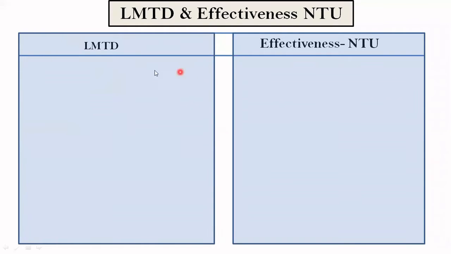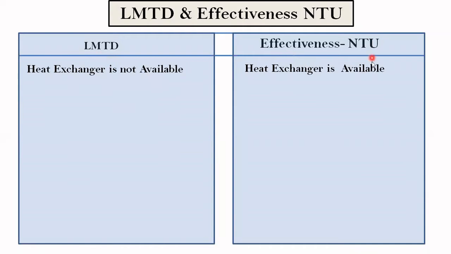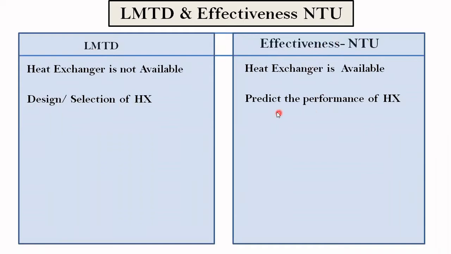Now let's see the differences between LMTD and effectiveness NTU. To summarize, in case of LMTD, the heat exchanger is not available to us, whereas in case of the effectiveness NTU method, the heat exchanger is available to us. LMTD is a design or selection kind of problem, whereas in effectiveness NTU, we have to predict the performance of the heat exchanger.